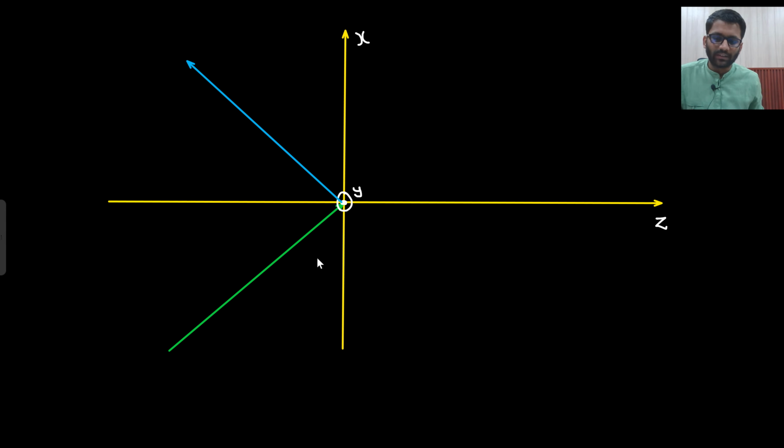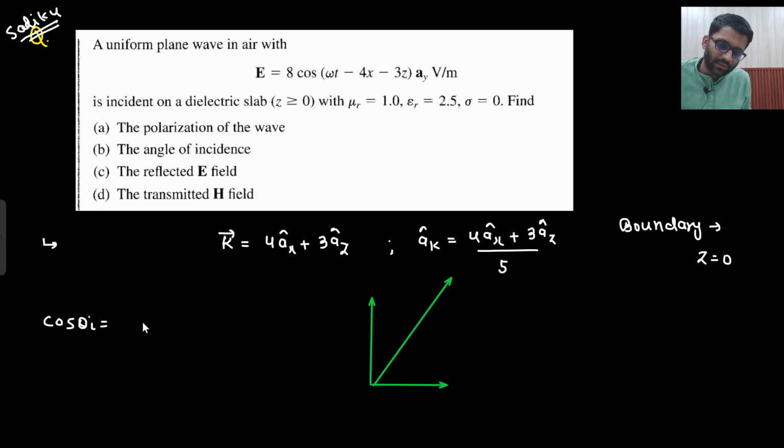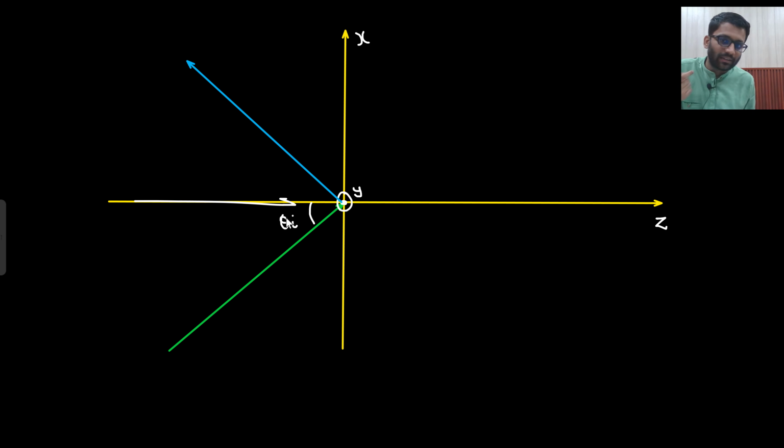First we need to find this incidence angle. In the previous video I asked you to find this angle using dot product. So using dot product also you can find it. This is your k cap, right? If you need to find the incident angle, then you would say cos theta I is equal to 4ax cap plus 3az cap divided by 5 dot product with az cap, because the unit vector here is az cap.